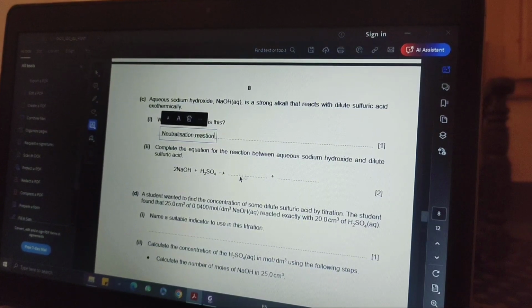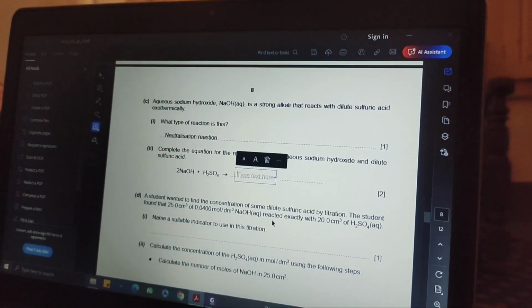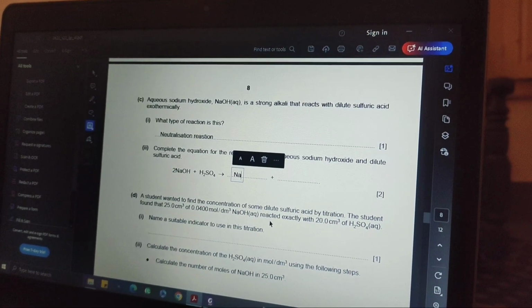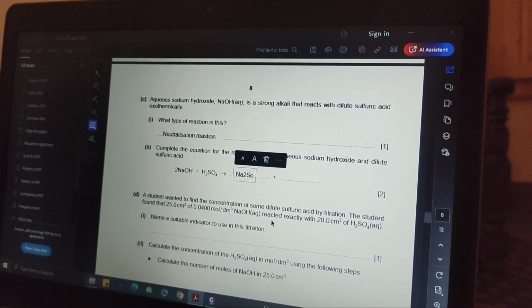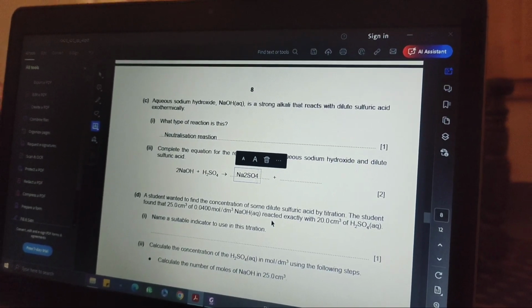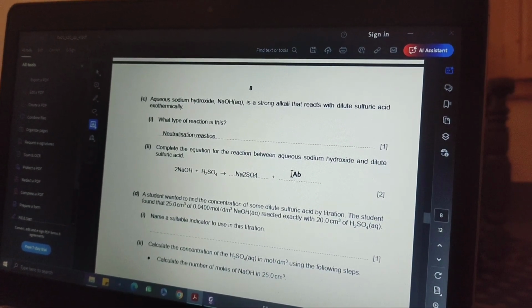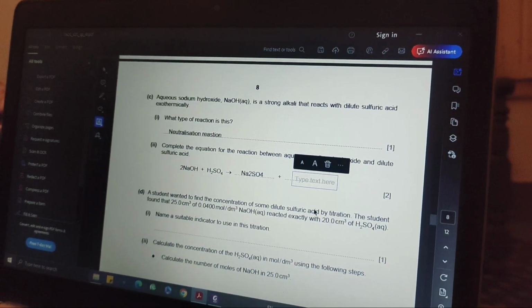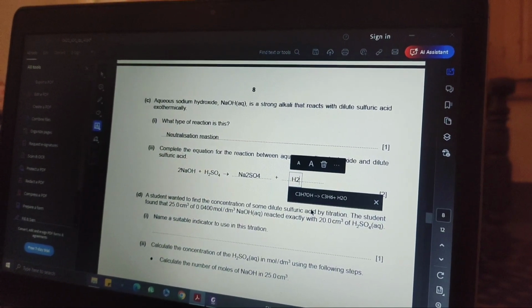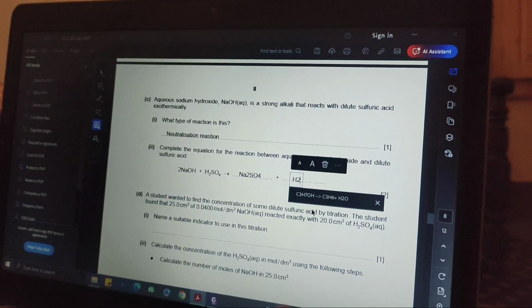What will be the products of the acid-base reaction? Salt of the respective metal, Na2SO4, and water, H2O.